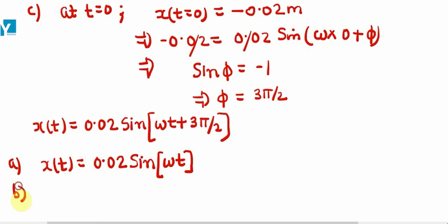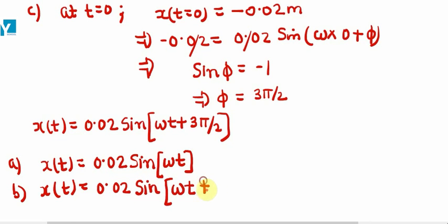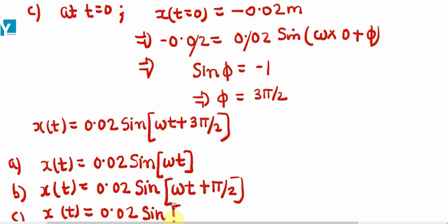In case B, I got x of t equal to 0.02 meter sin of omega t plus pi by 2. And in case C, I got x of t equal to 0.02 sin of omega t plus 3 pi by 2.